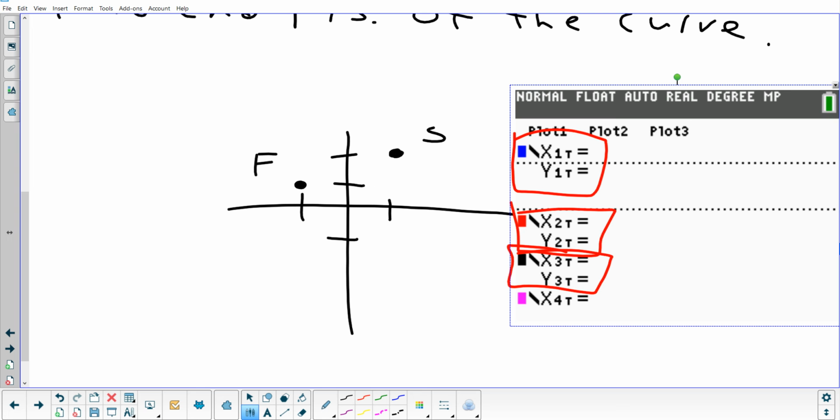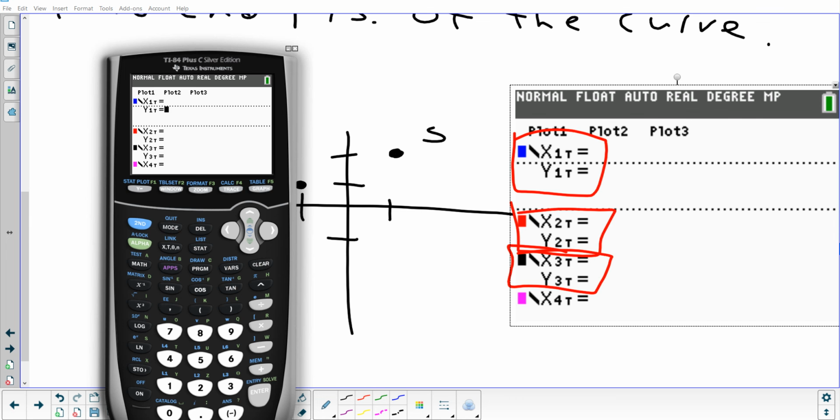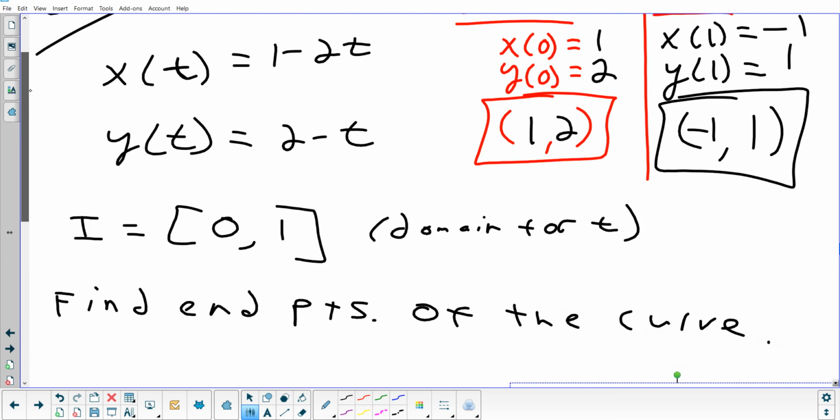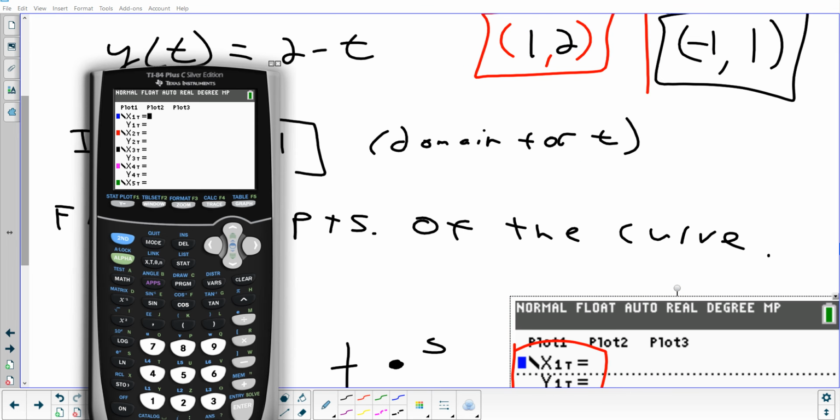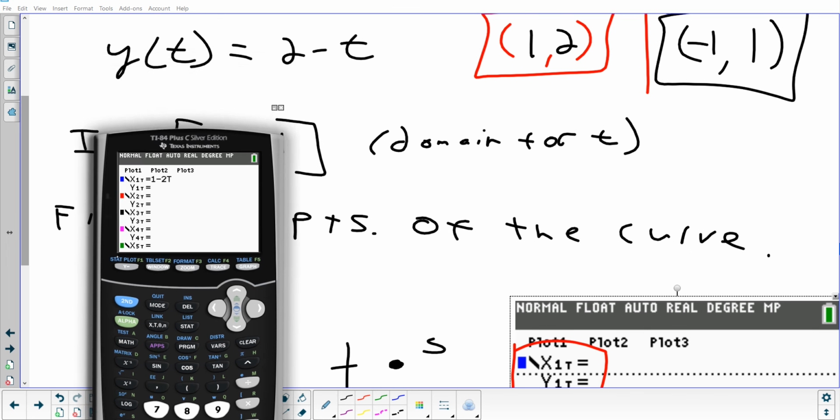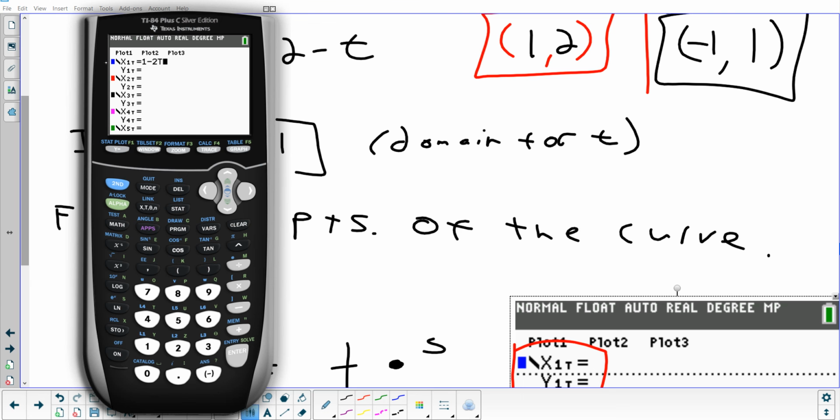And there's more if you scroll down, but pick 2 from the same set. Okay, now type in the equations. 1 minus 2t, and 2 minus t. So that's the first thing.